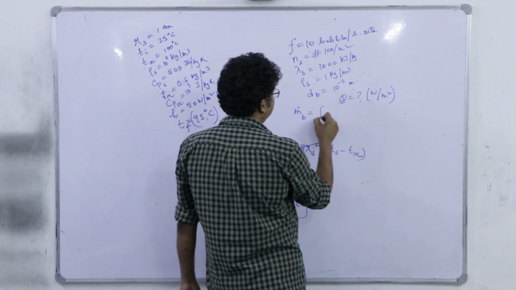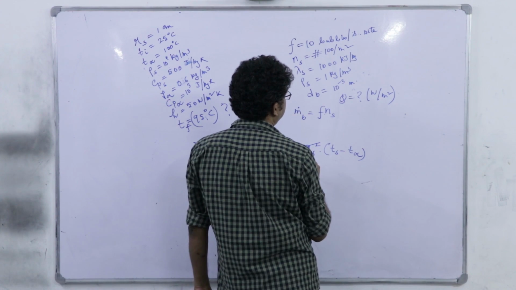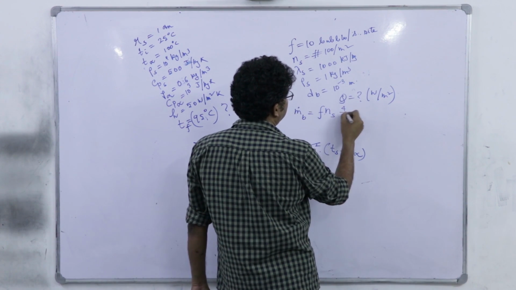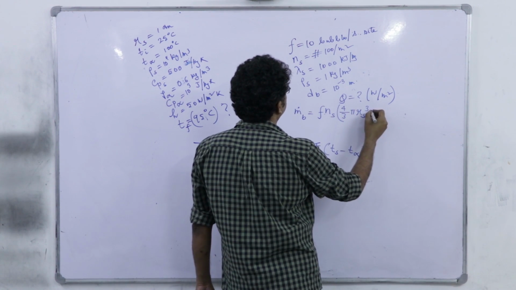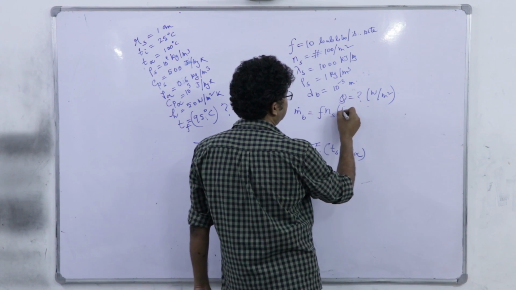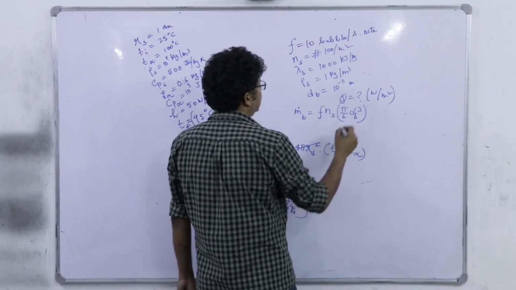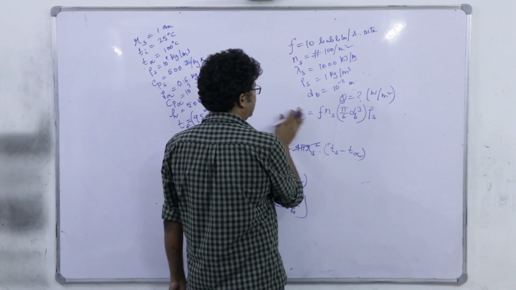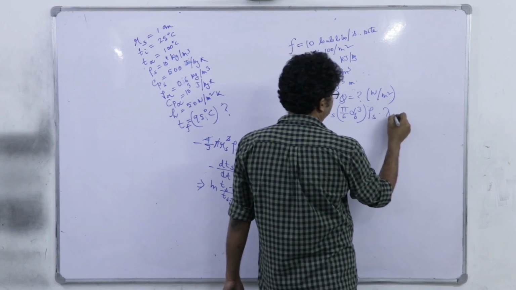So, it is frequency multiplied by number of sites per meter square into this volume, 4/3 pi r cube, or rather pi by 6 dB cube, into rho s, that is the mass, and the q dot will be that multiplied by lambda s.